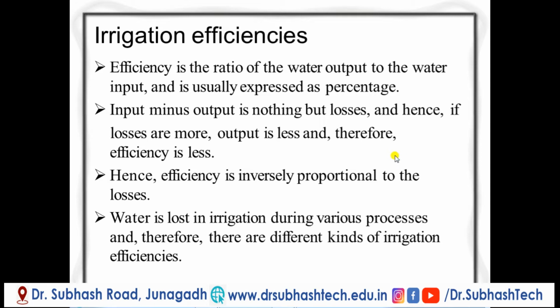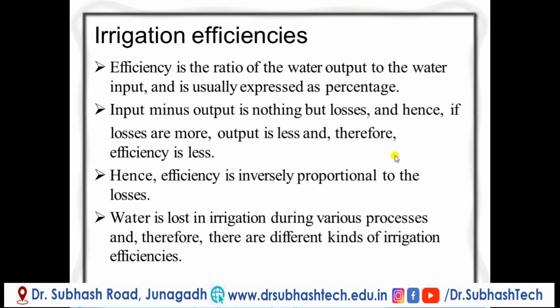Water is a very valuable thing on the earth. So if you do not calculate that efficiency, you cannot express how much impact the irrigation has created by supplying water artificially, and how much cost we can bear for supplying irrigation water.